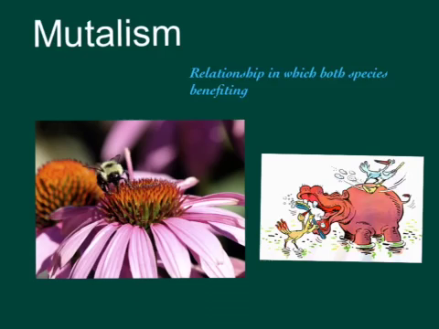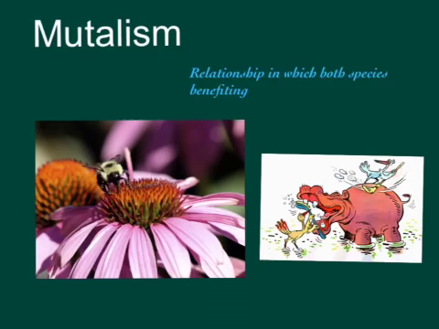Here's a bee and a flower, and they both benefit because the bee pollinates the flower, which helps it reproduce, and the bee is getting honey from the flower. And then here's a cartoon of a hippo and a bird, and the birds clean the hippo, and the hippo lets it stay on it.